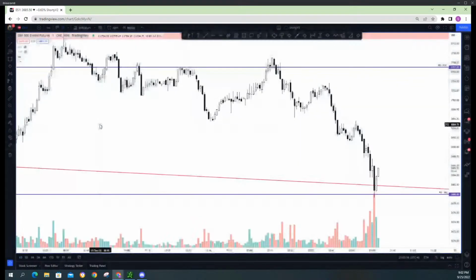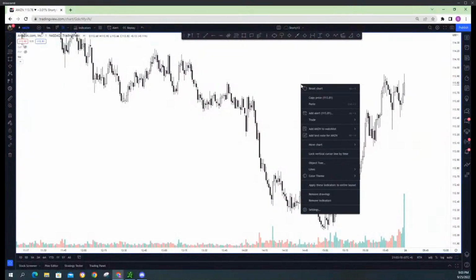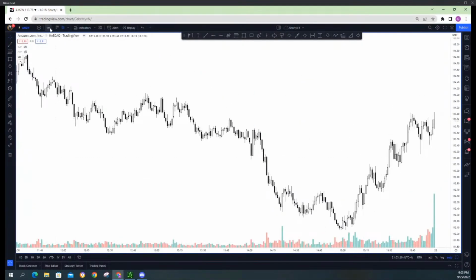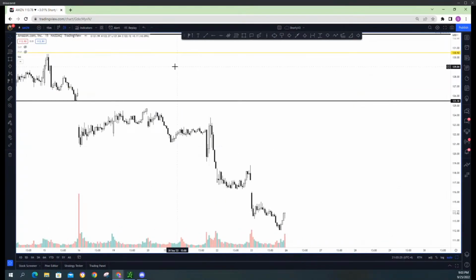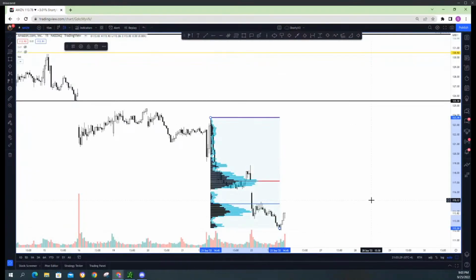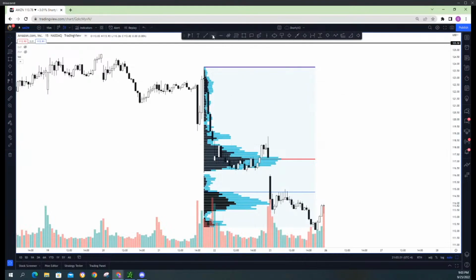Yeah, so Amazon, let's see what we got here. Obviously, this is setting up for a nice little bear flag. If you guys want to look where to short this guy, I would doubt that we break this value area low here.